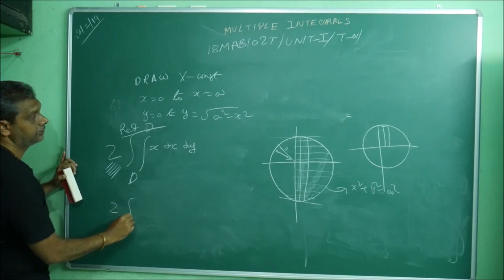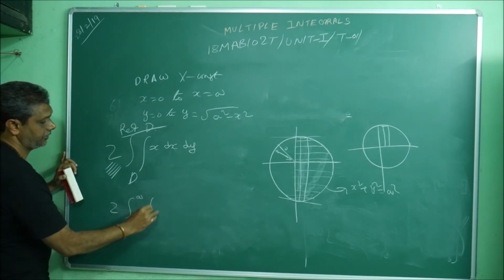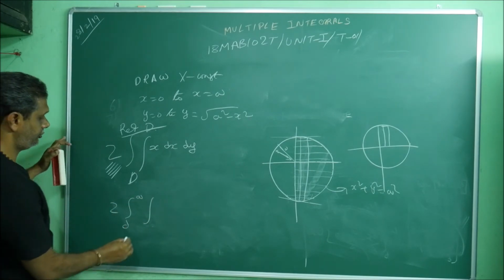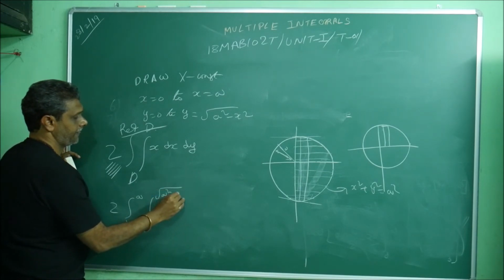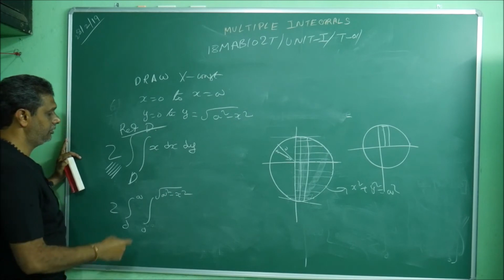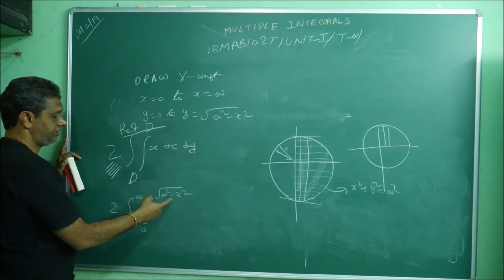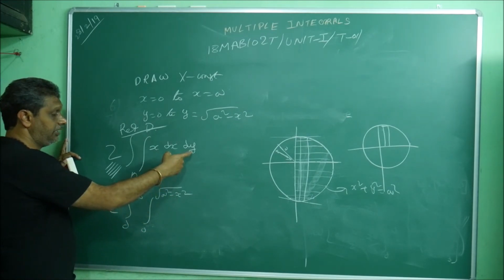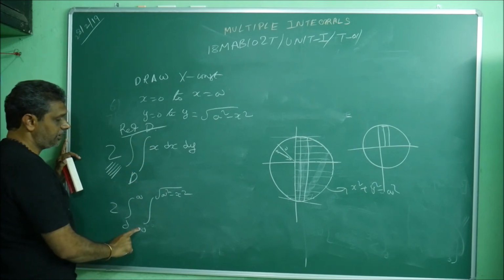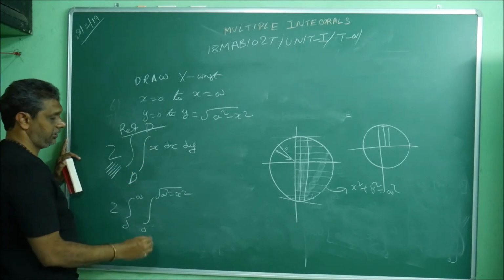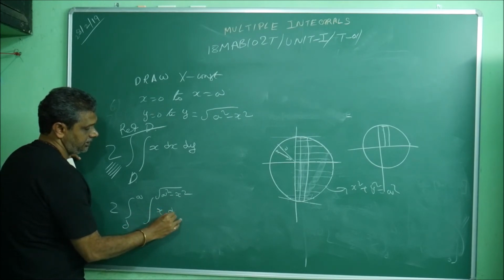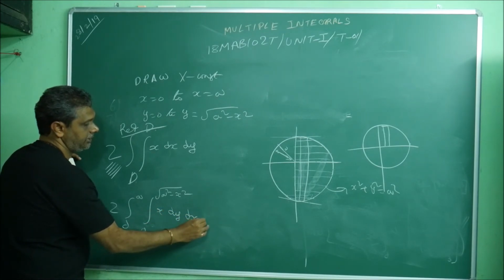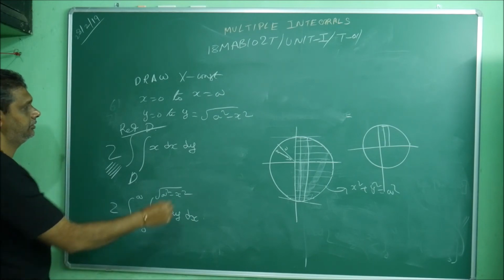Twice, 0 to a, and this is 0 to root of a square minus x square. In terms of x I told you already, it is with respect to y, but actually these are y values, so you have to do y. So x you can leave, that is dy dx. Getting or not? Now integrate.